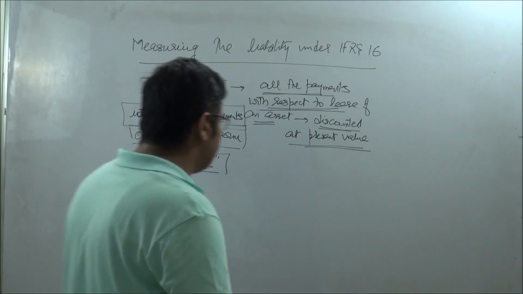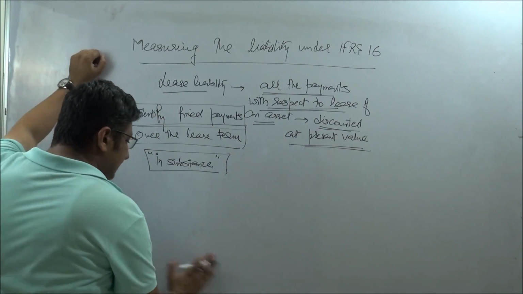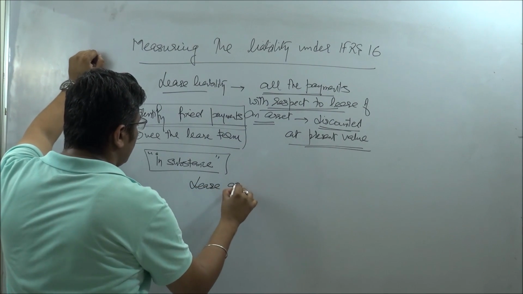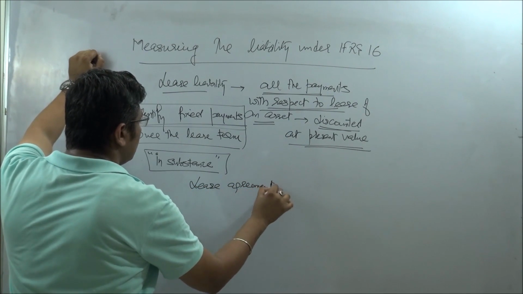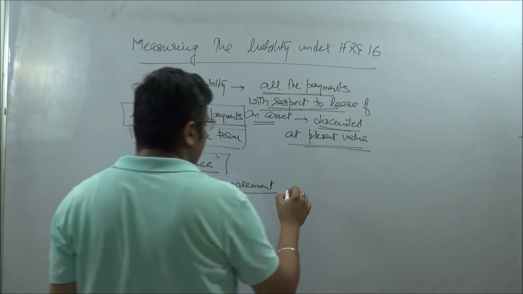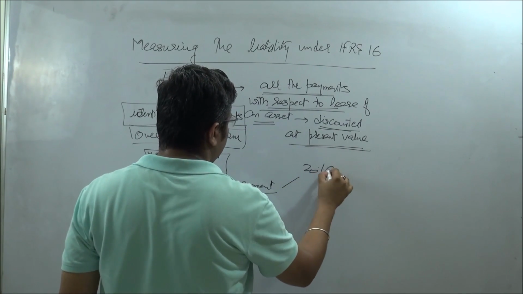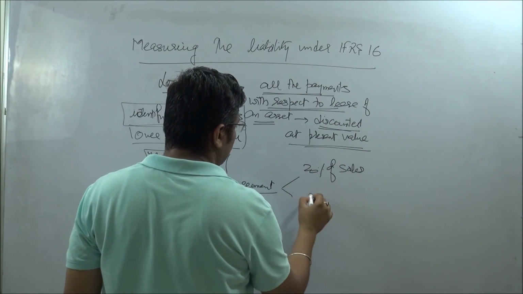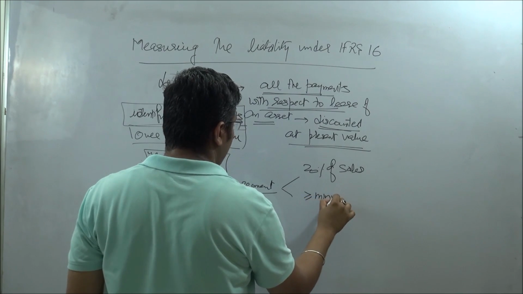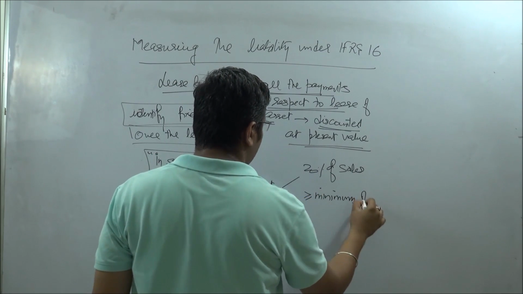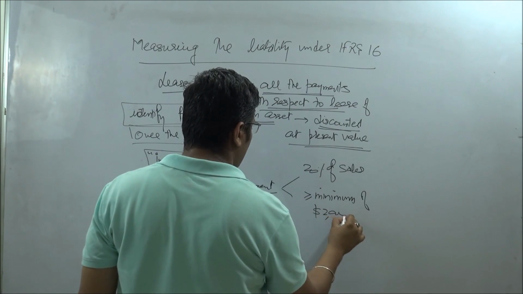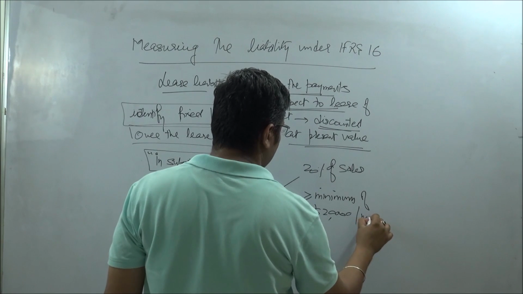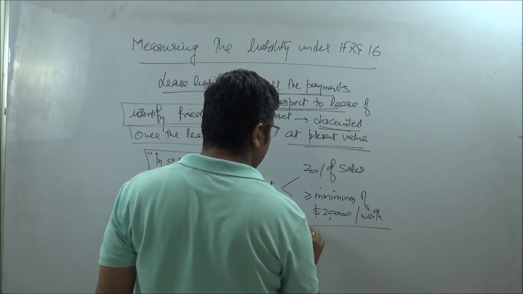So if I say, for example, the lease agreement states 20% of sales, but a minimum of, let's say, $20,000 per month, right?